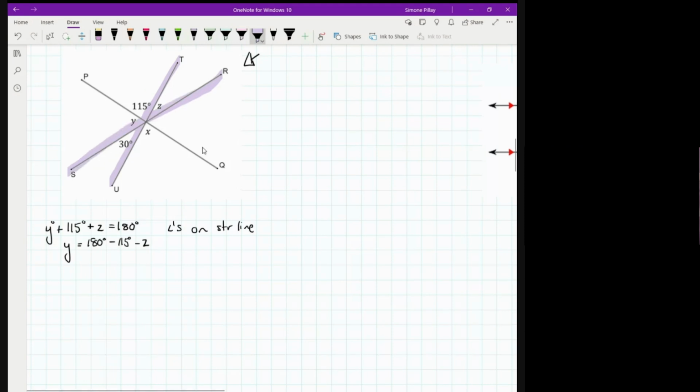And she sees those two lines make an X, which means that these angles are equal to each other, which is 100% correct. So Itandile has now told me that Z is equal to 30 degrees. Why? Because of vertically opposite angles. 100%. Thank you, Itandile. Is there anything else you see that you want to share?